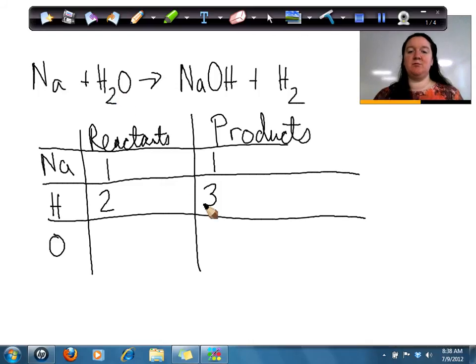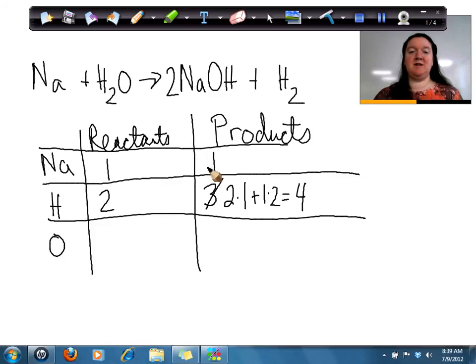So what's the closest multiple of 2 that's close to 3? 4. So since I know this always has to come in pairs of 2, but this comes in pairs of 1, I'm going to put a 2 in front of my sodium hydroxide. So now I'm taking 2 times 1 plus 1 times 2, and that's going to give you 4.